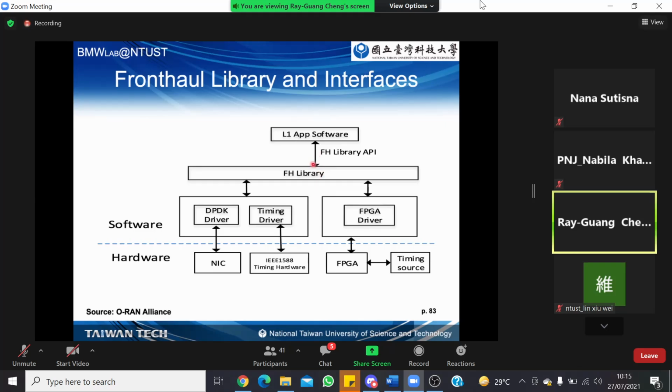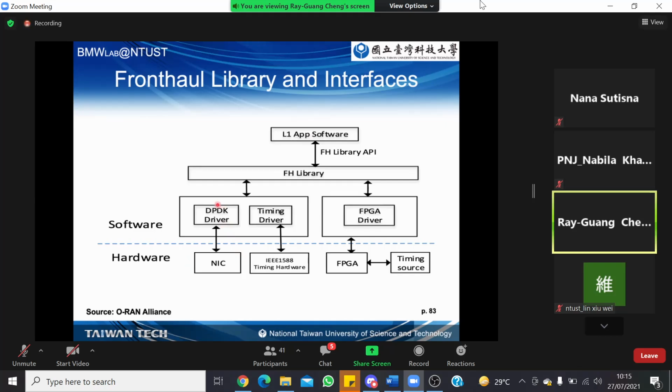The Fronthaul library is used to transmit all the IQ symbols, the IQ signal, through the NIC. The NIC is a network interface card, actually a fiber Ethernet interface card.